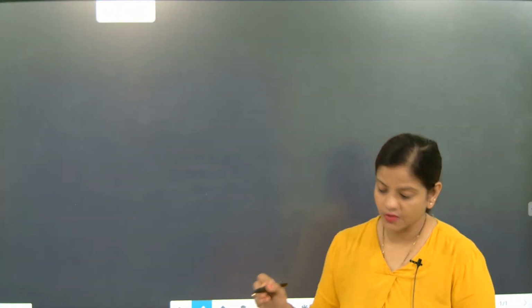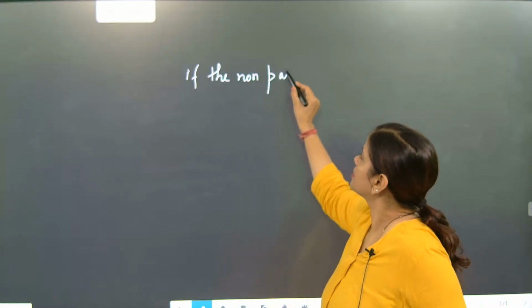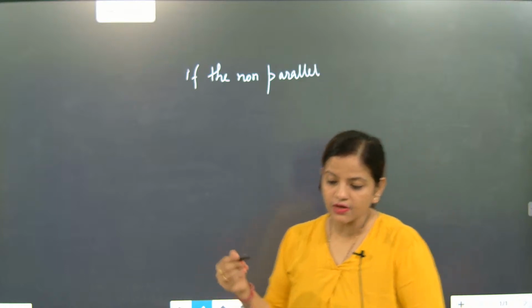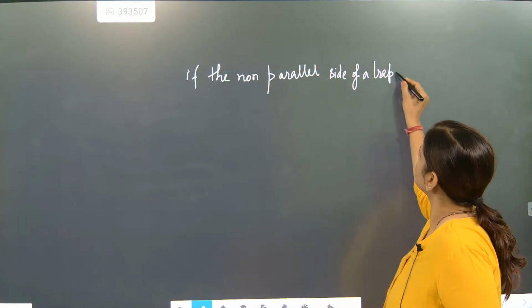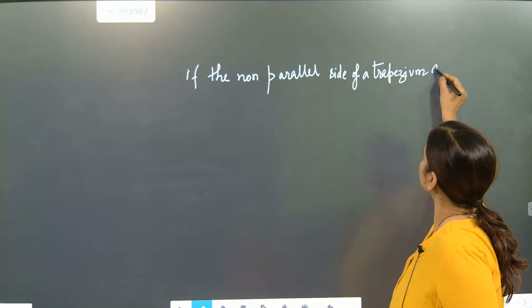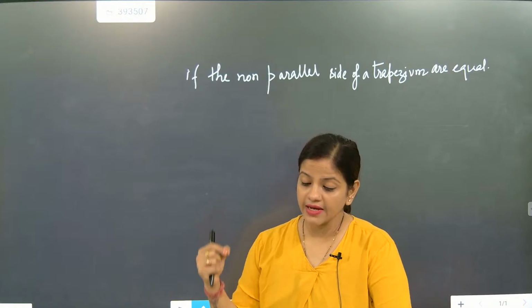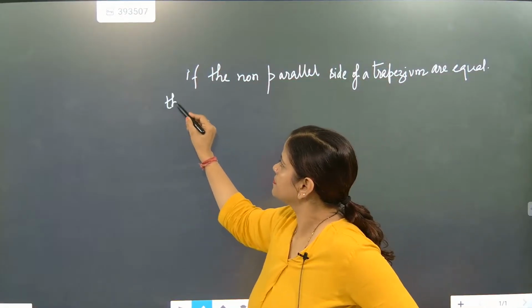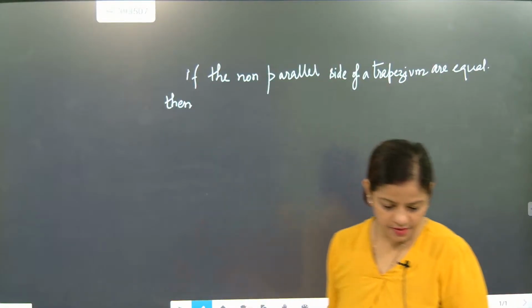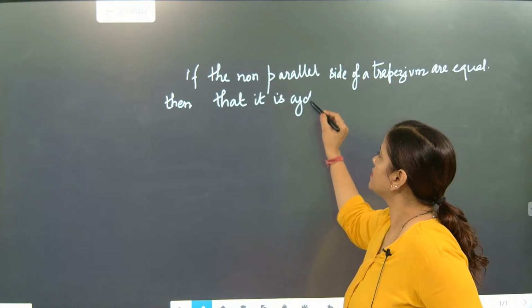if the non-parallel sides of a trapezium are equal, then prove that it is cyclic.